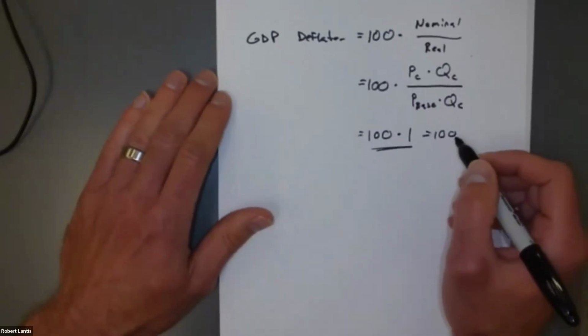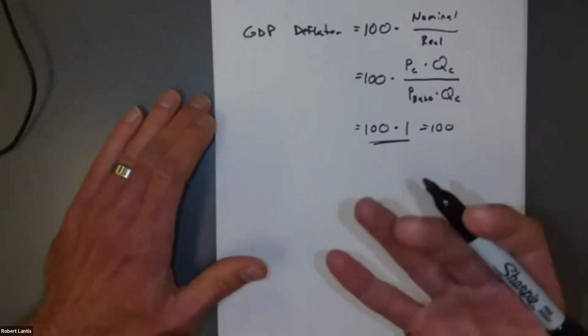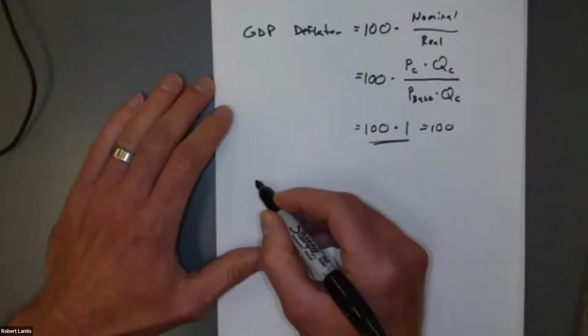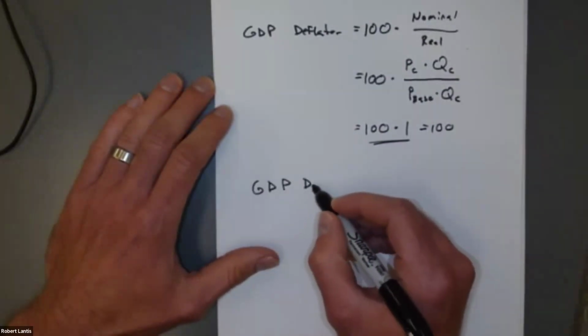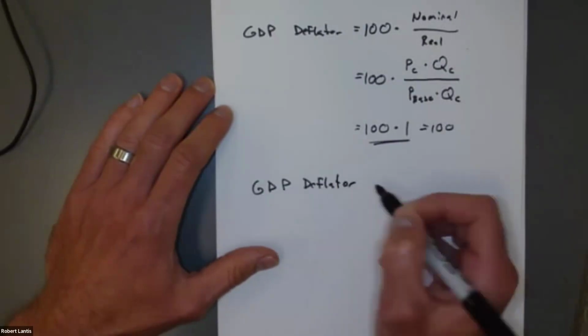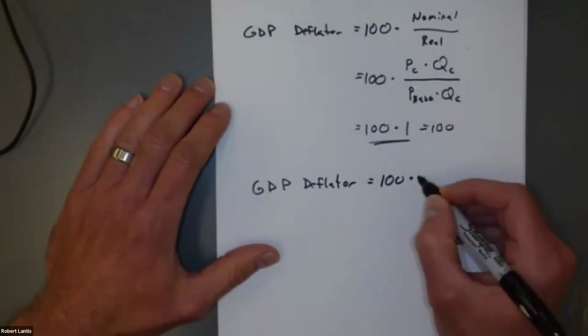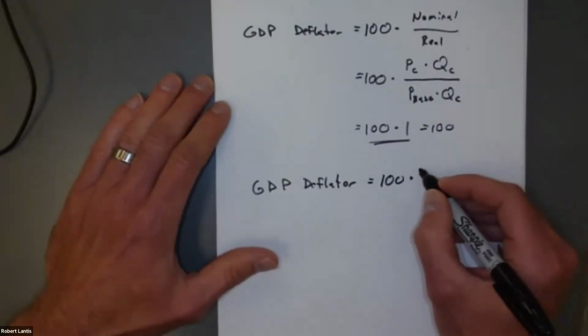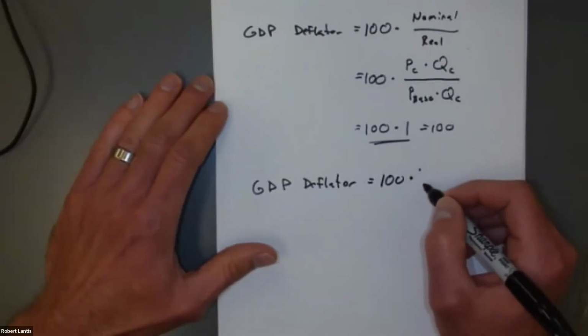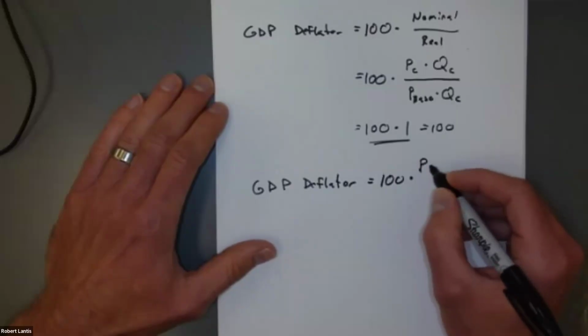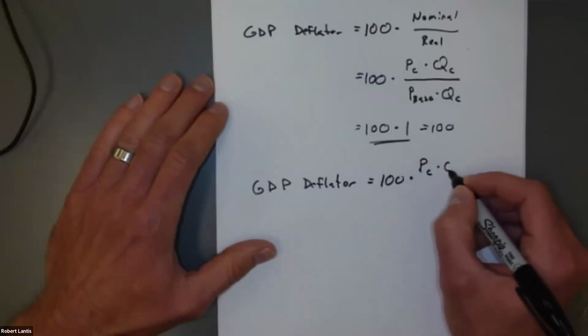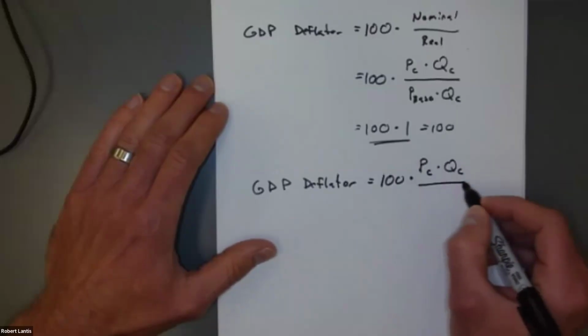Now, in general, if we have inflation, which is what we typically see, what's going to happen to my GDP deflator after the base year? So after the base year, once again, I've now got my nominal and my real GDP. Here are my current prices and quantities.